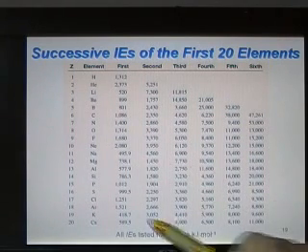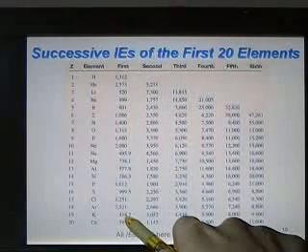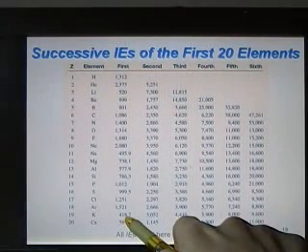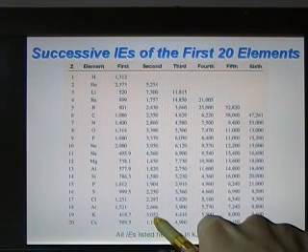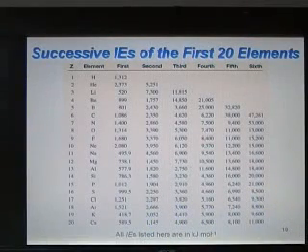If we look at potassium, it requires only 418.7 kilojoules to remove the first electron from potassium. But to remove the second electron requires over 3,050 kilojoules per mole. One more example. Let's look at aluminum.